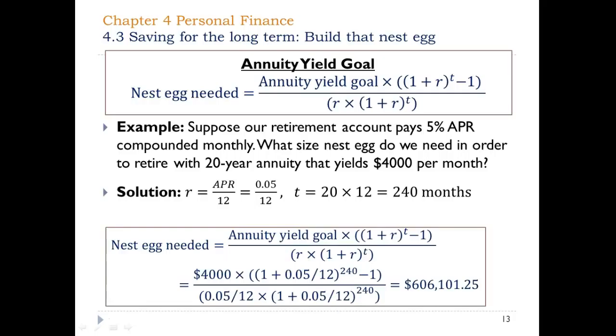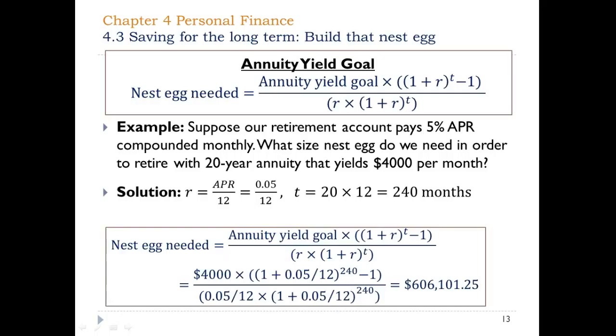Suppose our retirement account pays 5% APR compounded monthly. What size nest egg do we need in order to retire with a 20-year annuity that yields $4,000 per month? Solution. r is equal to APR divided by 12, or 5% divided by 12. t is 20 times 12, or 240 months.